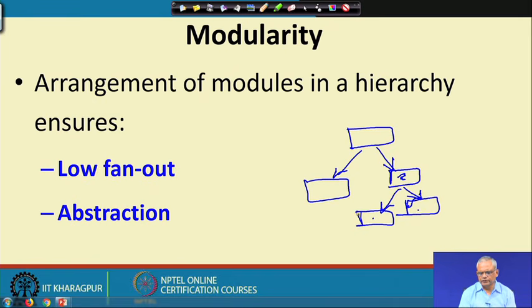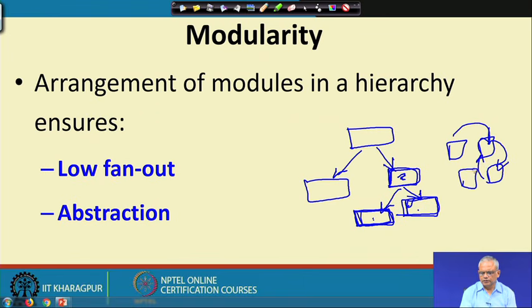If we want to understand this one, then we do not even have to look at this. We know that this will call only its lower layer modules, and if there are no lower layer modules, then we can understand this, and this, and then based on that we can understand this, and so on. But if it is a module structure like this, then we can't do that.